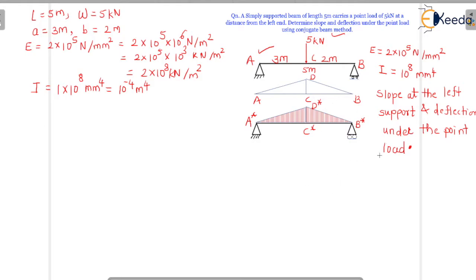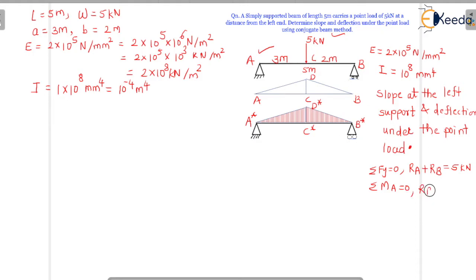So first the reactions for the original beam. Summation of forces in y direction: you know that RA plus RB is equal to 5 kilonewton. Now let us consider moment about any support as 0. Suppose about A it's 0.